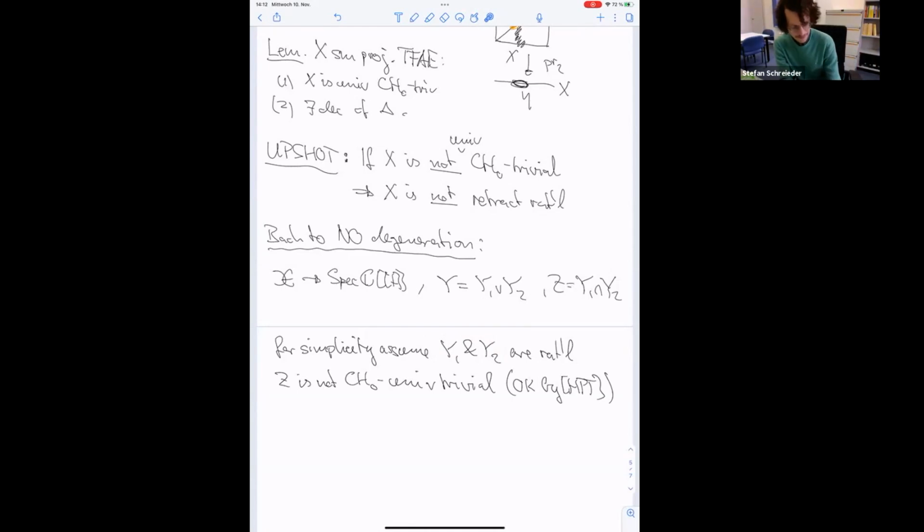One can somehow reduce to the case where the components are rational. And even if they are smooth, we don't know whether they are rational or not. So let's assume they are rational and try to see what we can get from them. So this will be somehow a simplification that I want to make now to think about the problem.